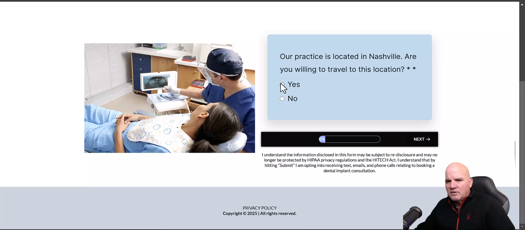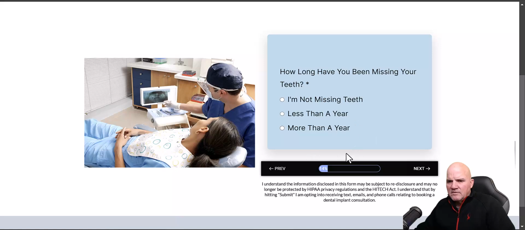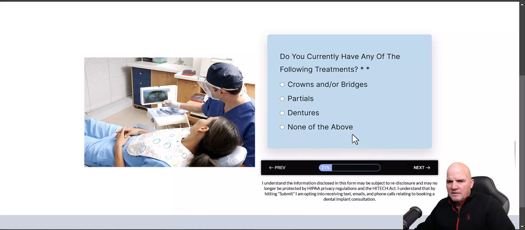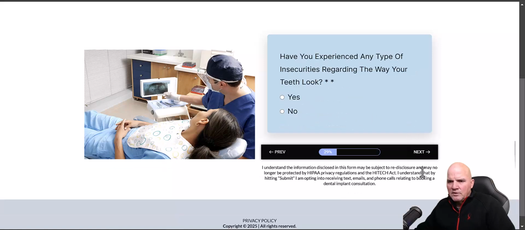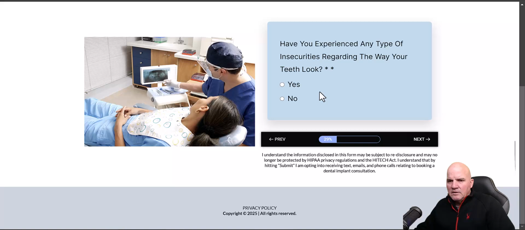You just want them to go through the survey and answer the questions, and you can see how it populates this, and then it asks for more information. And then once you get to here, it will ask for name, email, phone number, and then you've got a qualified lead. And the cool thing with these surveys is if, say, they can't afford it, it will just disqualify them so it doesn't waste your time.